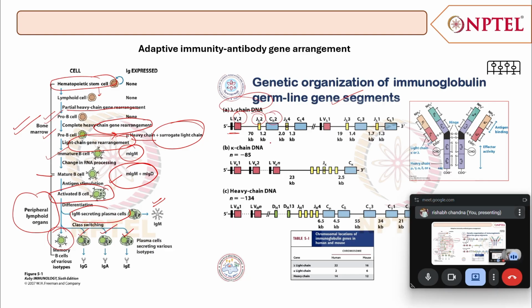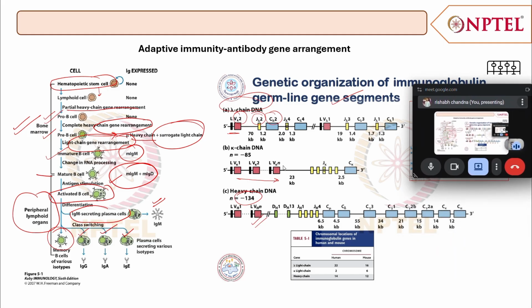Okay, so this is how we have different regions in the segment. And this is the kappa chain, and in this case the n is nearly 85. Okay, so we have nearly 85 regions here. And in the heavy chain DNA, there are 134 domains that are present here, as we can see here.